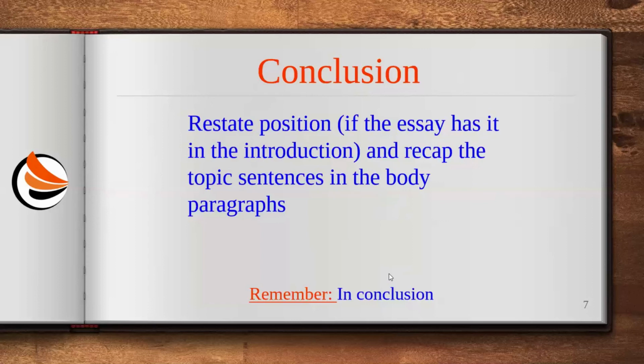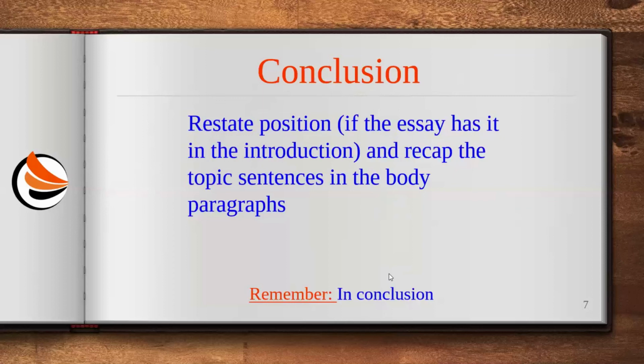Then you move on to recap your topic sentences, because they captured the main ideas you discussed in the essay. This is why it's very important to have topic sentences. If you want to write your conclusion, you just go to those topic sentences and then you paraphrase them into your conclusion. If the essay question did not oblige you to state your position, then of course when it comes to the conclusion, there's no position to be restated.